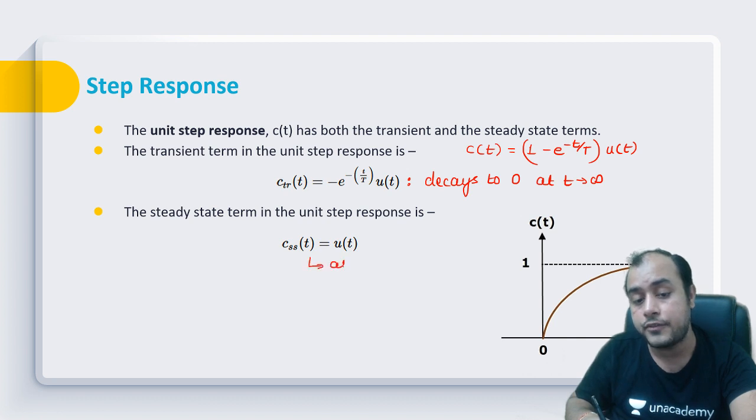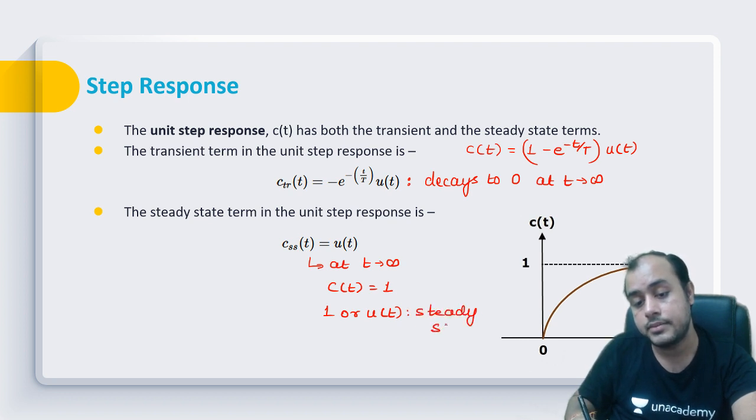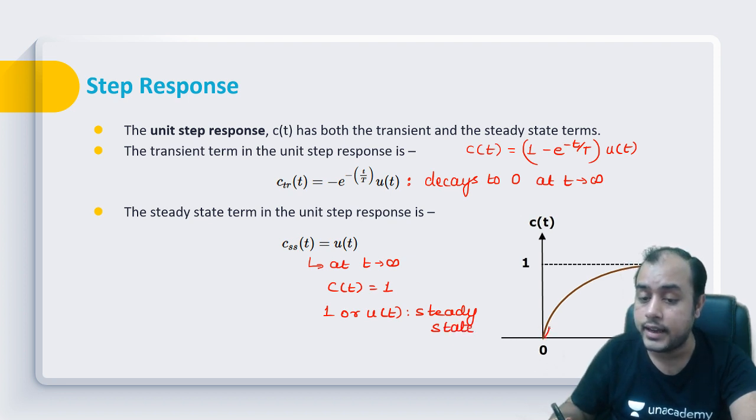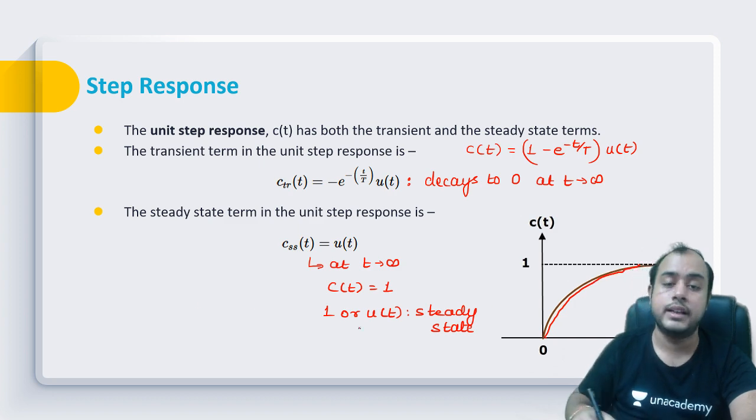At infinity, C(t) is 1. So this 1 is actually the steady state. The graph is exponentially increasing and eventually reaches 1.